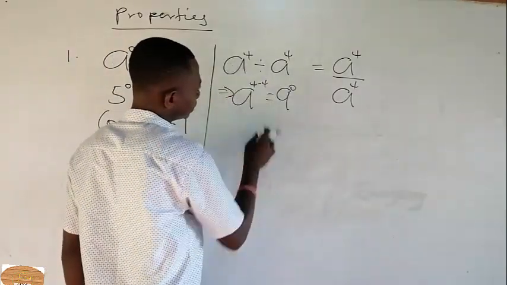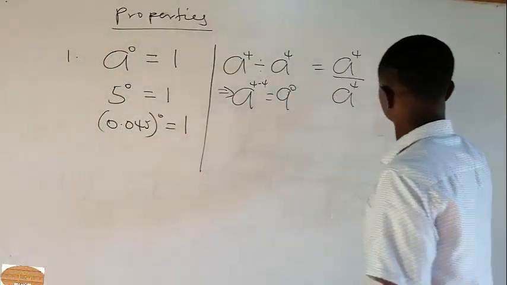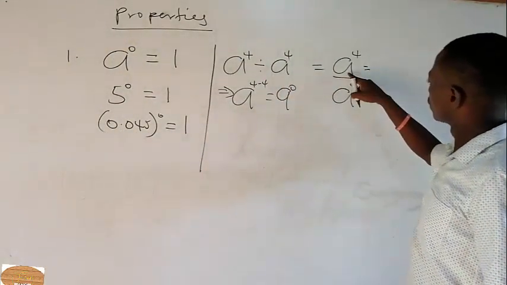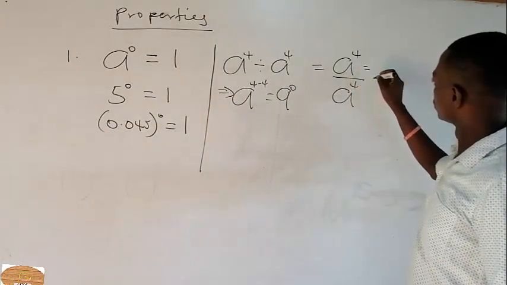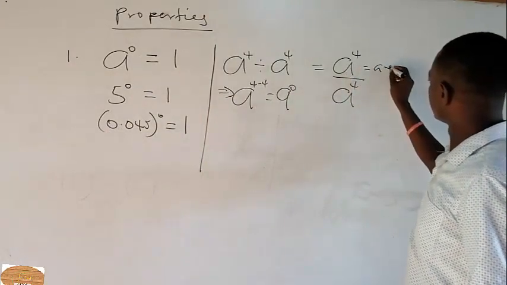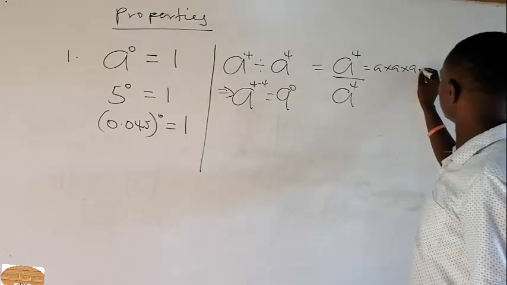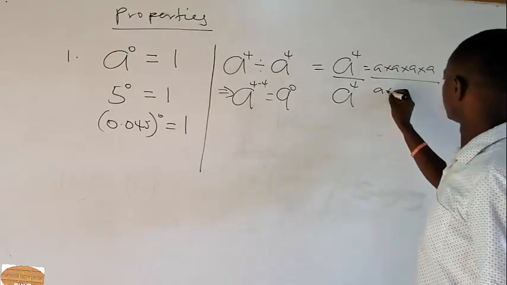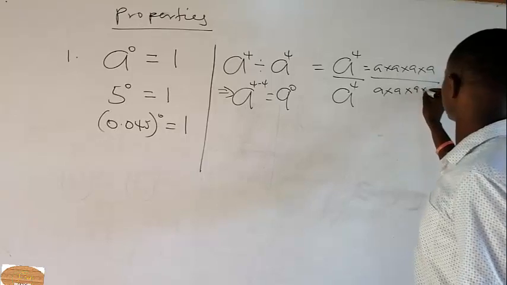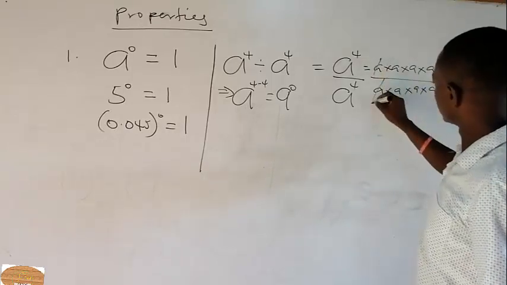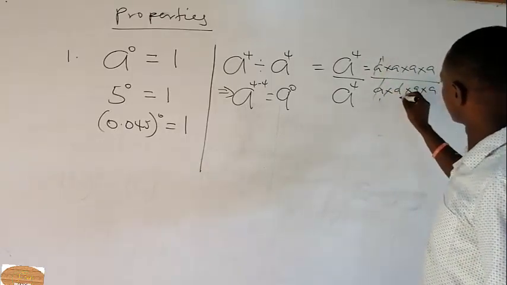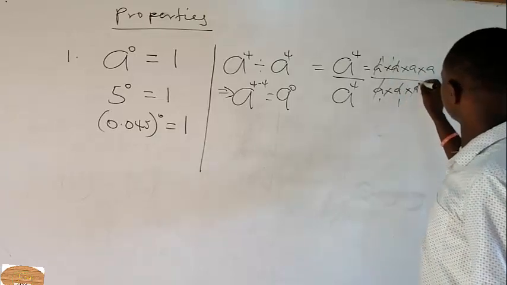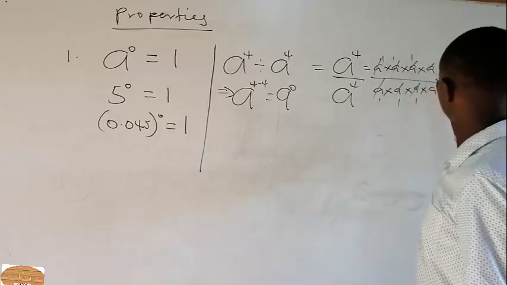Now for this side, the number of times a is multiplied by itself is 4. So a times a times a times a over a times a times a times a. So this one will cancel this one, one by one.